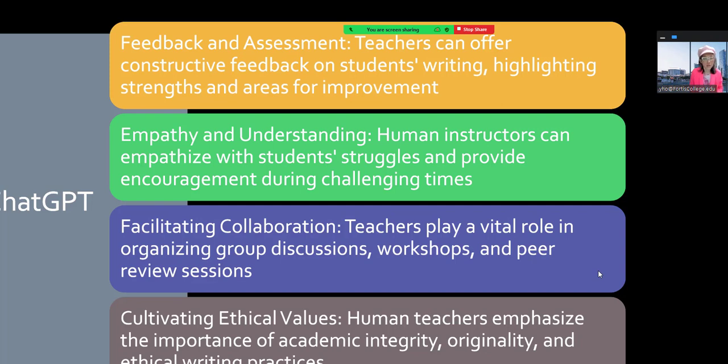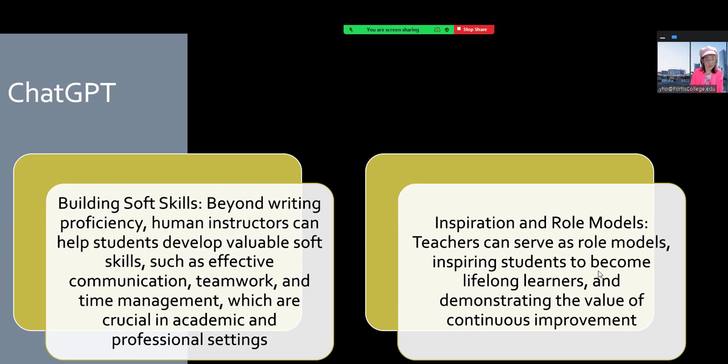Human instructors can empathize with student struggles and provide encouragement during challenging times. Teachers play a vital role in organizing group discussions, workshops, and peer review sessions. Human teachers emphasize the importance of academic integrity, originality, and ethical writing processes.